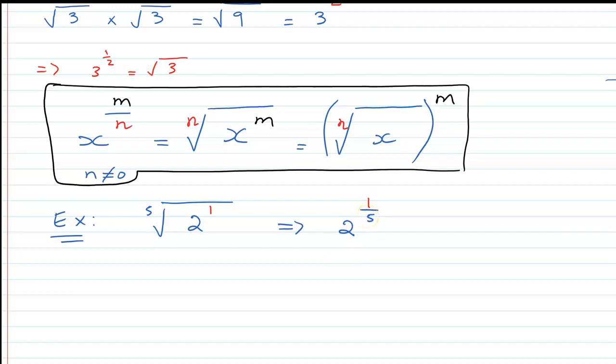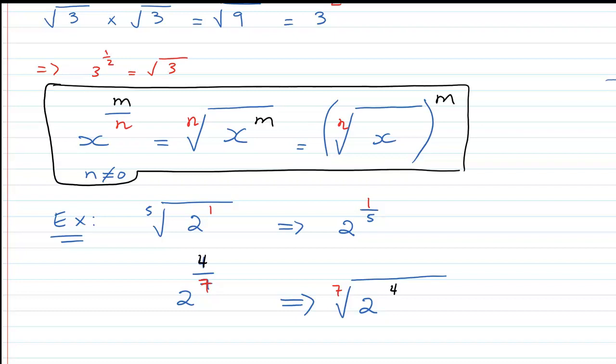All right, so next one, what if I give you 2 to the power of 4/7? Change that to the radical form, and that would be 2 inside the radical, the 7 becomes the root, and the 4 is the exponent inside.